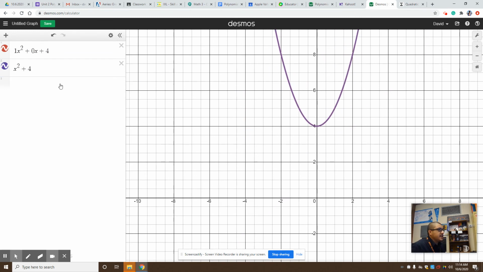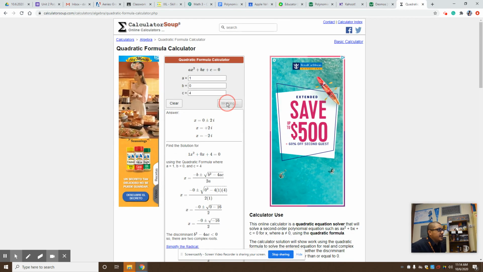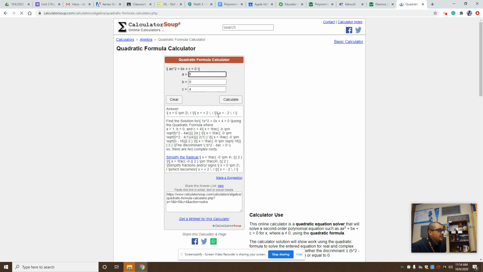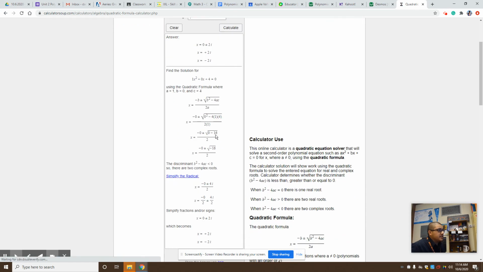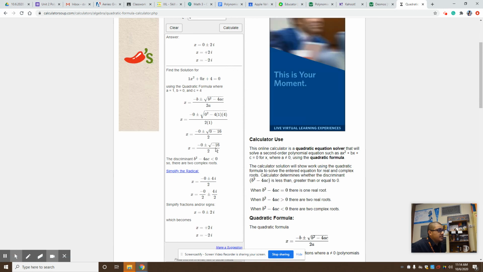So they're the same thing. You can kind of see that, the graphs overlap here, the red and purple. But if I write it like this, then I have my A, B, and C. So if I plug in A equals 1, B equals 0, and C equals 4, and I calculate with the quadratic formula, what I end up getting here is under the square root, I get a negative number.